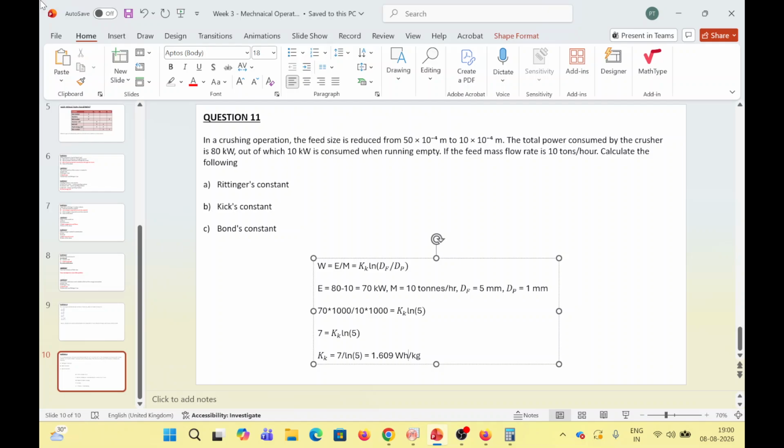Yes, no. So will you be able to take it as a task? Okay, so this will be the task to solve for both Rittinger's and Bond's constant. I'll give out the value of dvsp and dvsf.